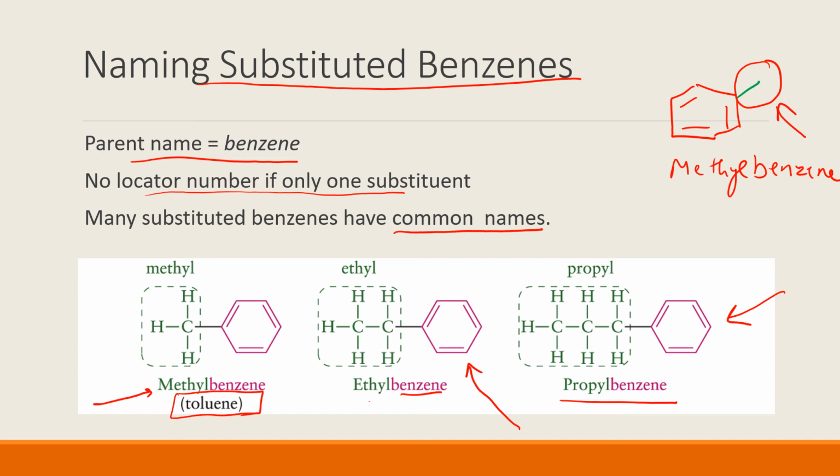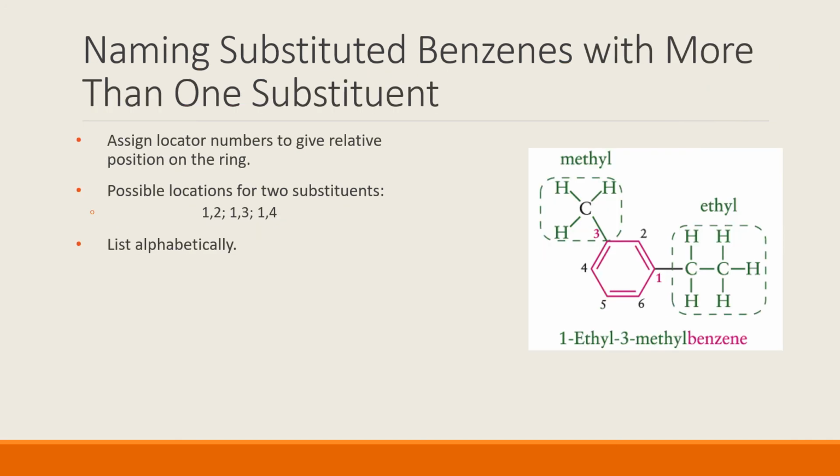If there is more than one substituent present on benzene, then we do use the locator number, and the locator numbers are identified the same way we did in the case of cycloalkanes. So in the case of substituted benzenes with more than one substituent, we assign the locator number to give the relative position on the ring, and we start with number 1 on one of the substituents.